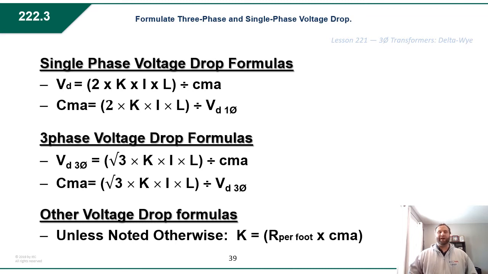Or if you're looking for the wire size, CMA equals square root of 3 KIL over volts dropped. And then also, unless noted otherwise, K is the R per foot times the CMA, unless the question tells you, hey, use 10.86 for K, or use 12.2 for K, or whatever the question may ask you. Otherwise noted, this would be the formula for K.